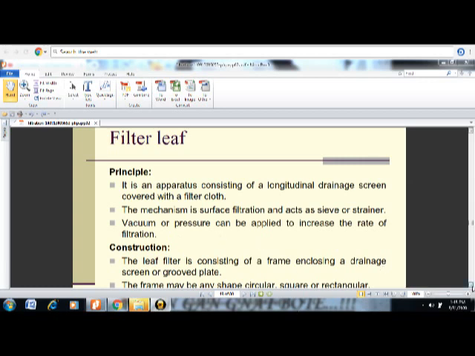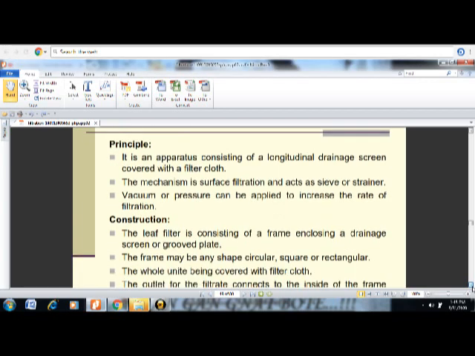So this is the principle of the filter leaf: it is used for less concentrated or dilute slurries. Again, it is a surface filtration, also called a strainer, and we can apply vacuum or pressure to increase the rate of filtration.